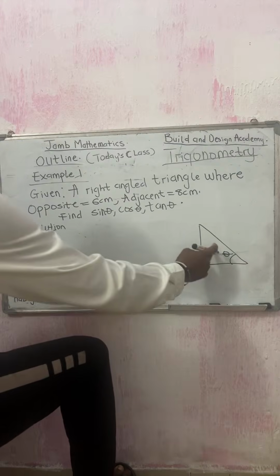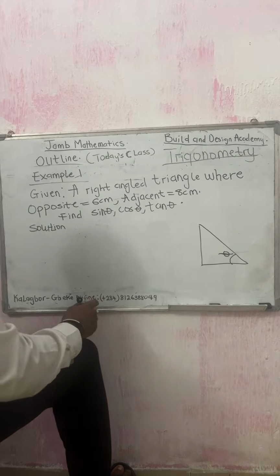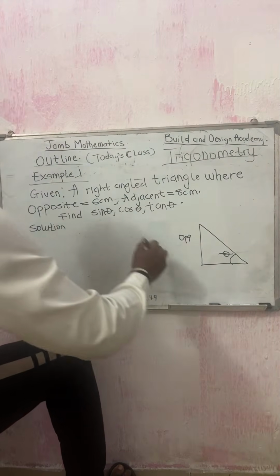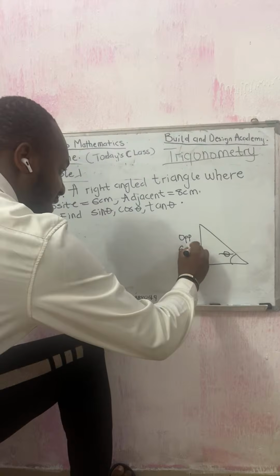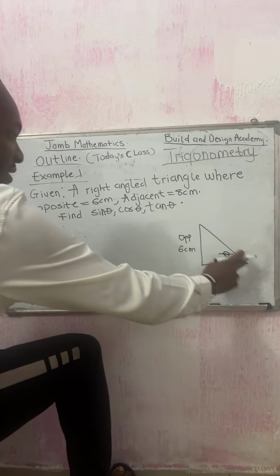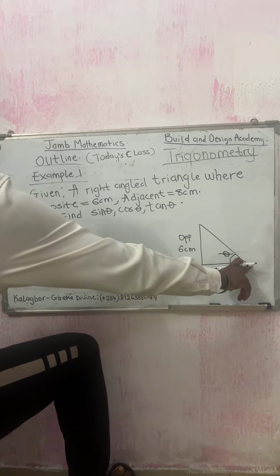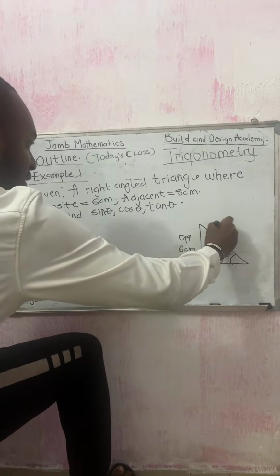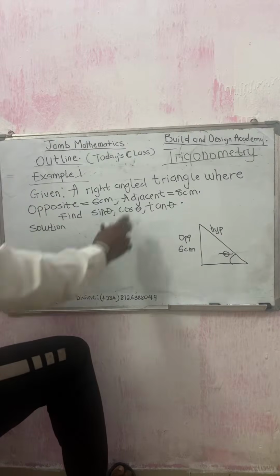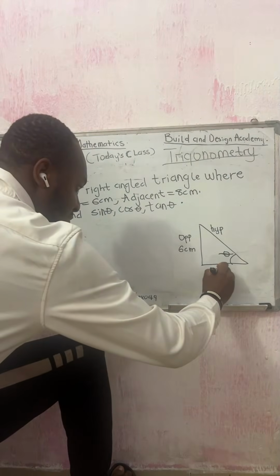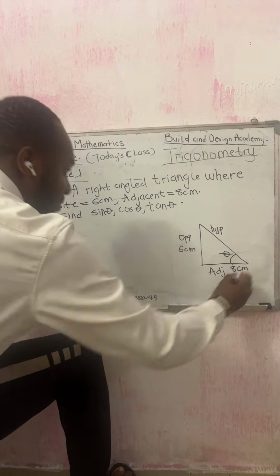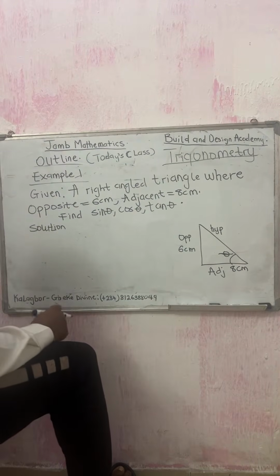And the side opposite our theta is the opposite, and we are given our opposite as 6 cm. The longest length, that's the diagonal length, is the hypotenuse. And we're not given any length for our hypotenuse. We're given our adjacent as 8 cm.